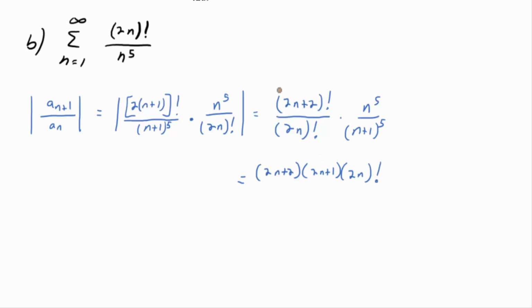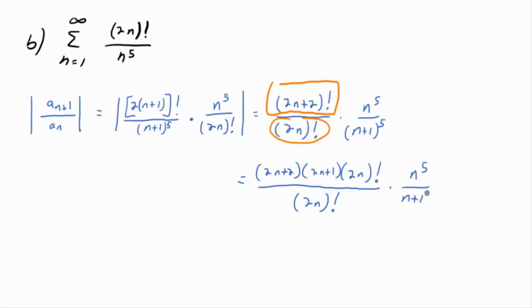I'm rewriting this in terms of at least one factor that'll cancel with this one, which I did. It's this one right here, right? So then that is all over 2n factorial. So I'm trying to simplify this, get rid of the factorial. And then I still have the n to the 5th over n plus 1 to the 5th.